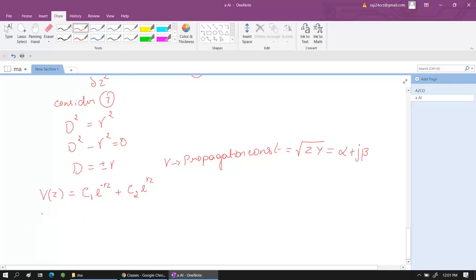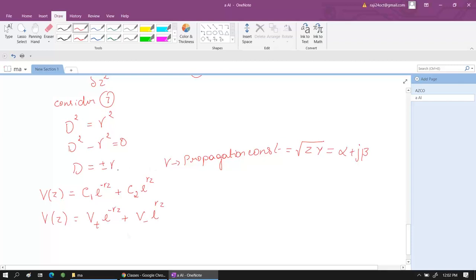Now I have to say what is that C1 and C2. We'll consider C1 as V plus e to the power minus gamma z, and C2 as V minus e to the power gamma z.